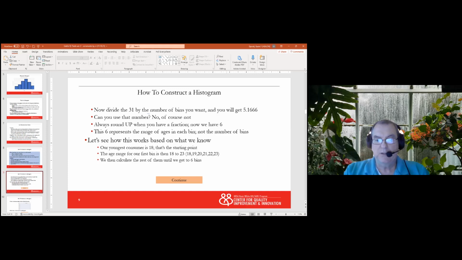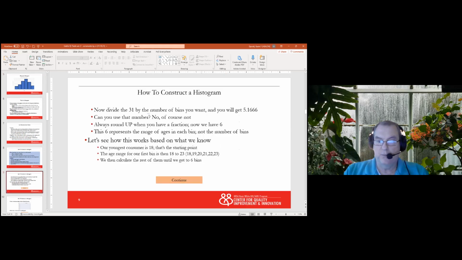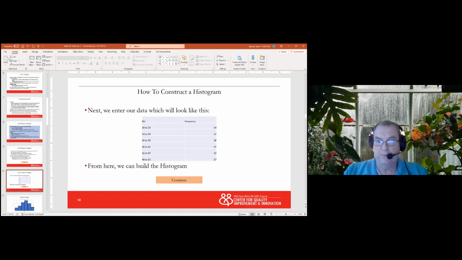So the next one has to be 6 data points as well, right? So if I go here, 24 to 29, there's 6 data, the bin is 6 data points wide. And I'll show you what that looks like here. This is how I established the bin width.